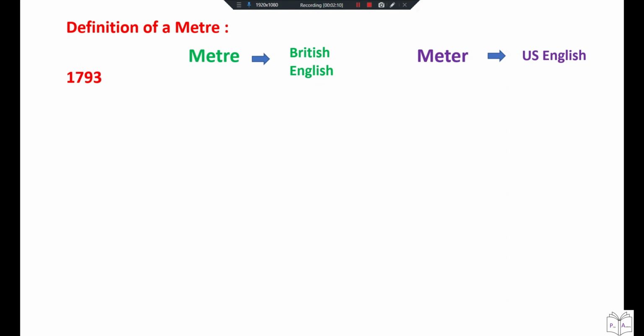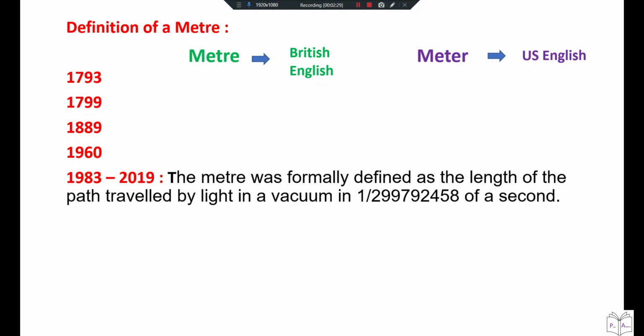Regarding the definition of meter, it has been revised over the years in order to define it accurately. Starting from 1793, it has been again revised in 1799, 1889, 1960 and in 1983. In 1983, meter was formally defined as the length of the path travelled by light in a vacuum in 1 by 29 crores 97 lakhs 92,458 of a second.